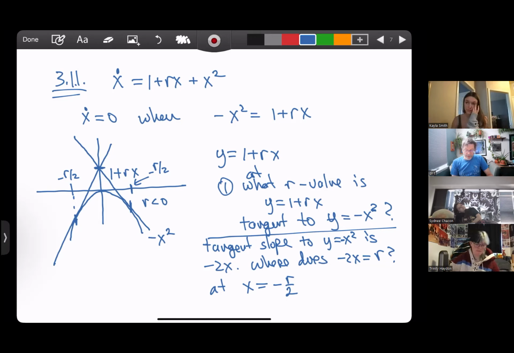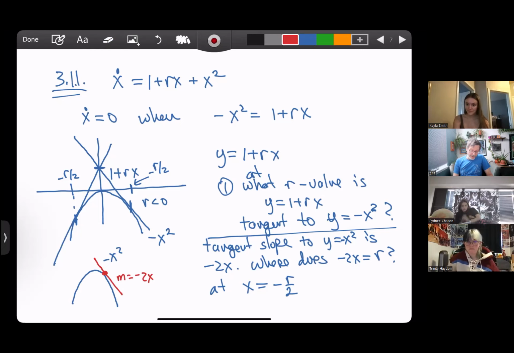When you have this negative x squared parabola, the tangent slope at any point x is m equal to -2 times the x coordinate, taking the first derivative. The slope of that line is r. So at what point on this parabola do I have a slope of r? The answer is at -r/2.